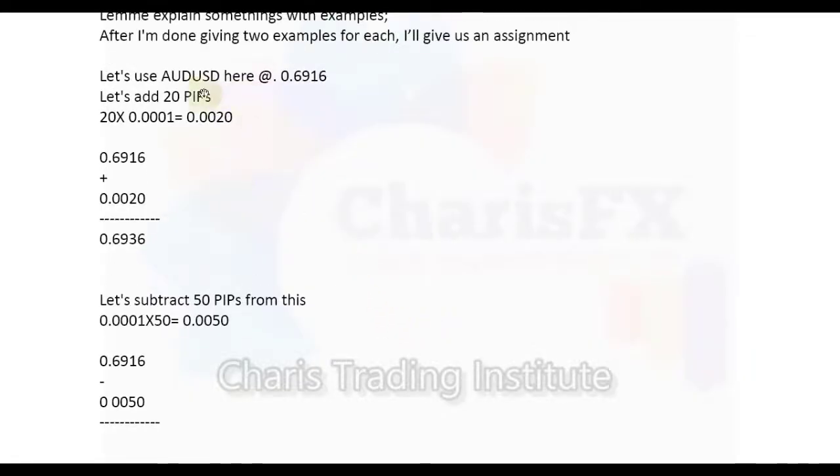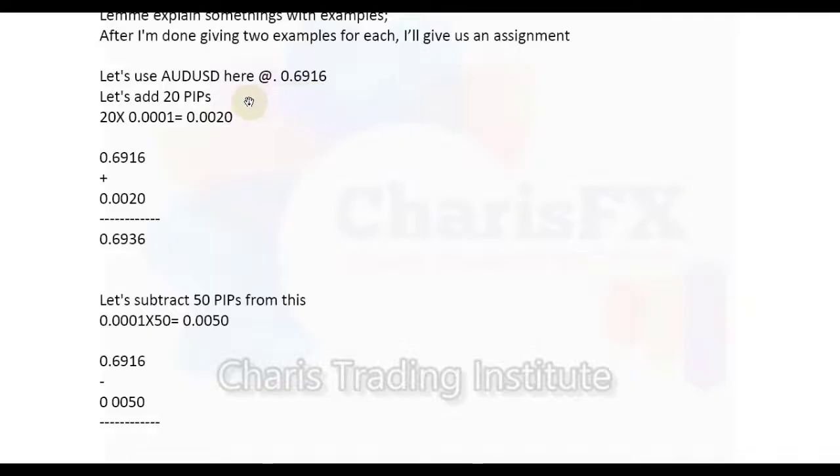So we are assuming that AUD USD is priced at 0.6916, and we want to add 20 pips to 0.6916. The amount of change happening on a currency pair, or the amount of exchange happening on a currency pair, is what we want to measure. So we wish to add 20 pips on this pricing, 0.6916. This is a 4 decimal place currency pair.